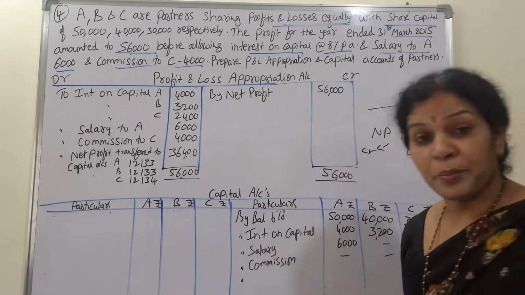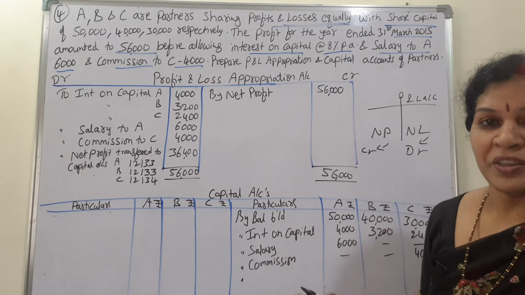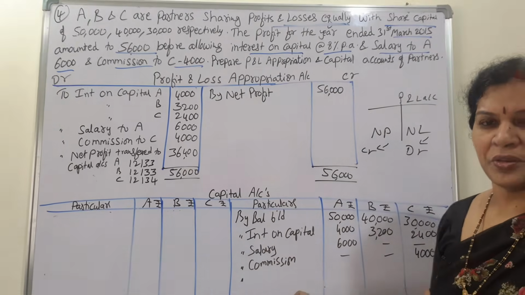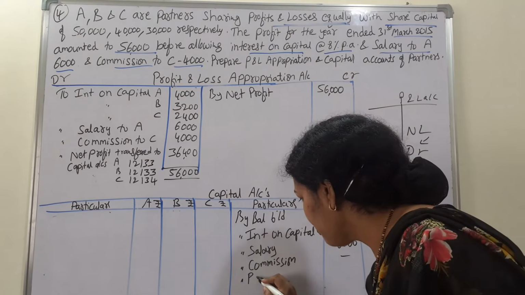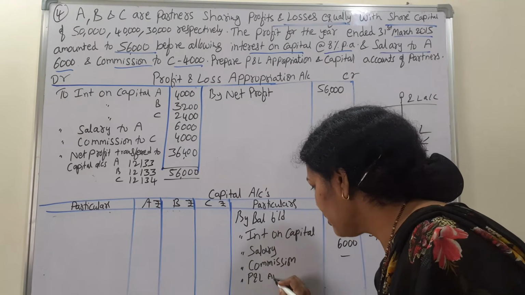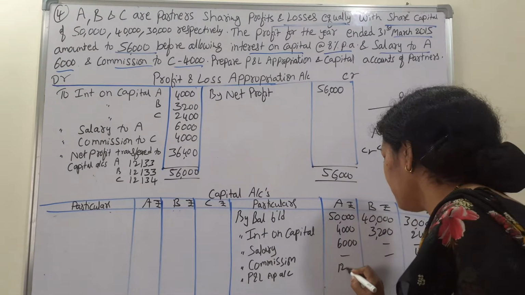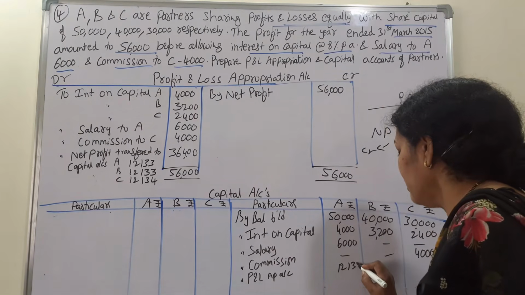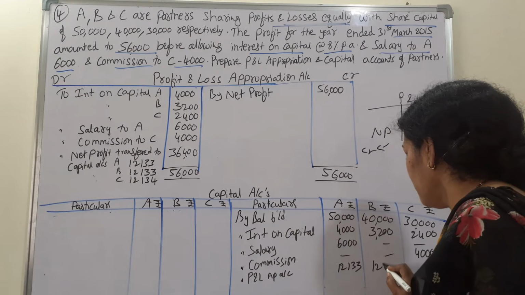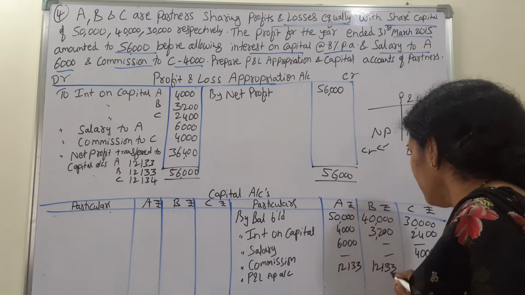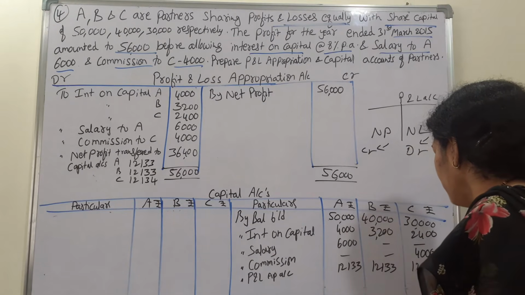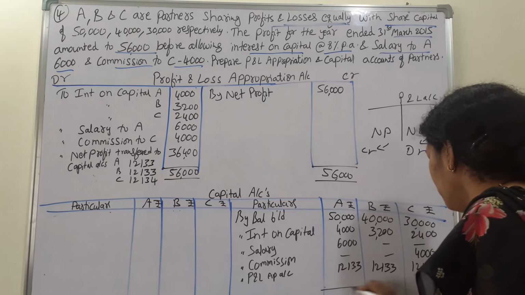What do we write? By profit and loss appropriation account, meaning we are getting it from the appropriation account: 12,133, 12,133, 12,134.